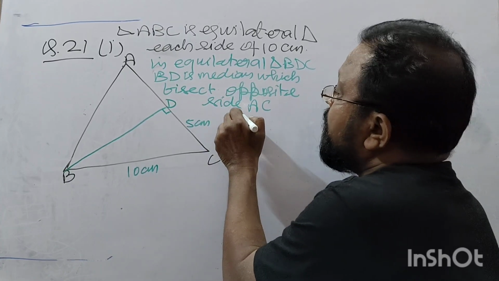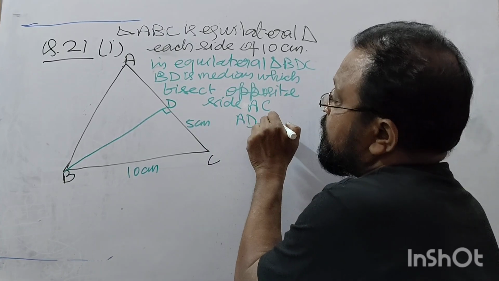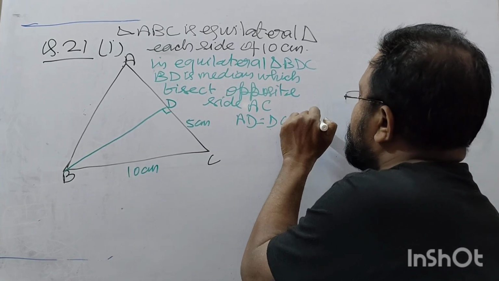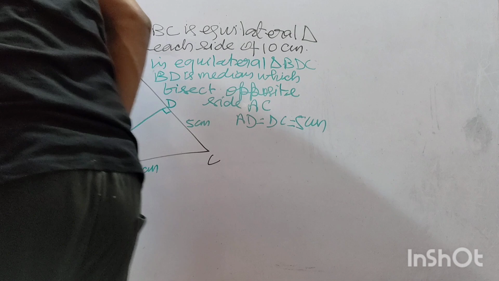So AD is equal to DC is equal to 5 centimeter. Fine.